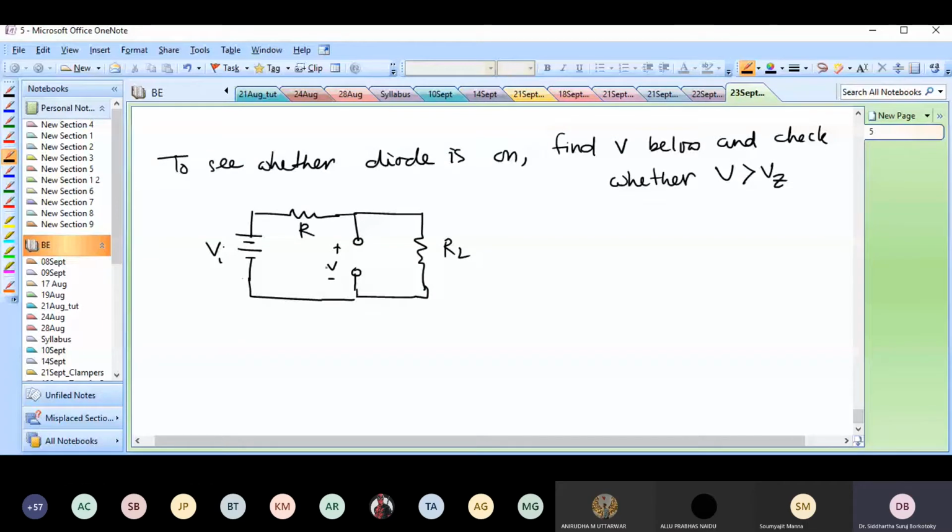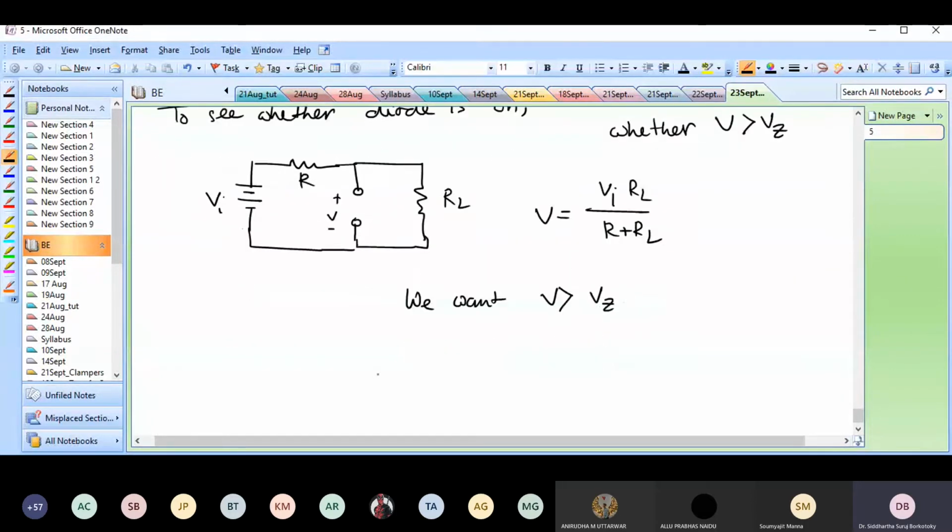As we already know, we have done it many, many times now. It's Vi times RL by R plus RL. We want V greater than Vz.